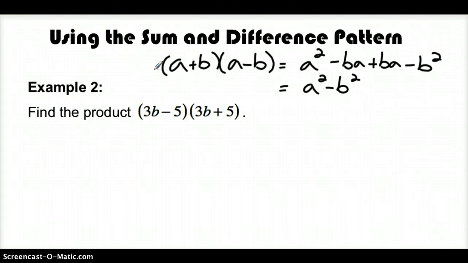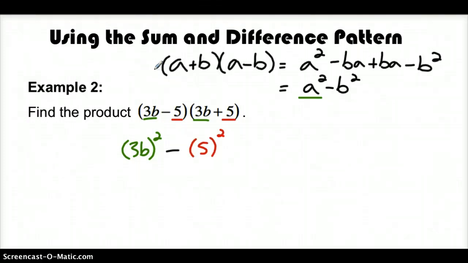In this particular case, let's call our a term 3b, and our b term we're just going to call 5. If I write this out, I write our a term, which is 3b, and square it, and subtract the b term and square it, so minus 5 squared.